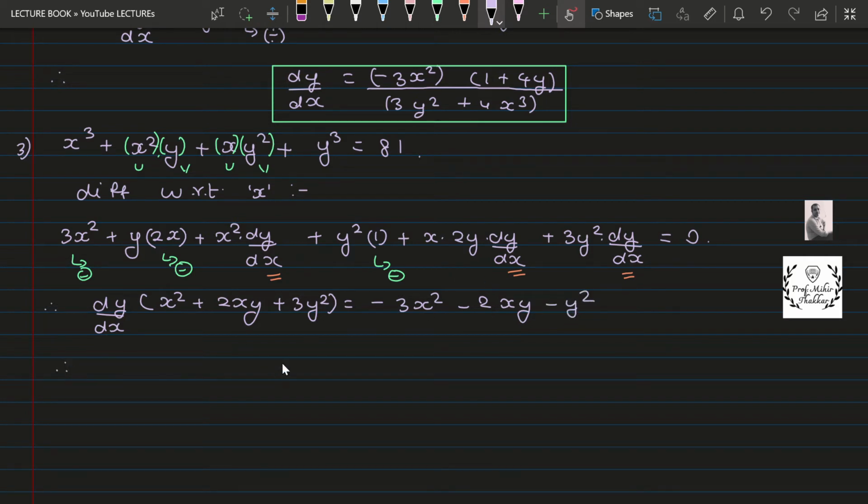Now just what we have to do over here is dy by dx. Take out all the next terms minus common and rearrange them.